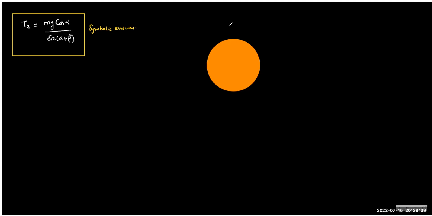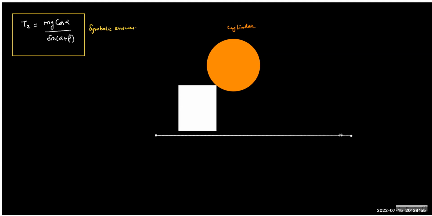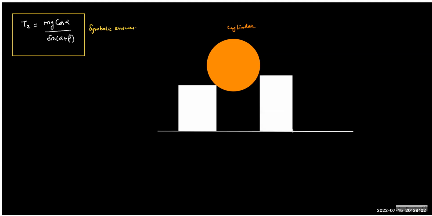So this is a cylinder. And we have two supports. So these are two fixed supports on which the cylinder is balancing itself.